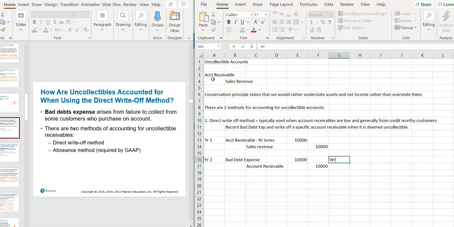This is how you write off an account under the direct write-off method.